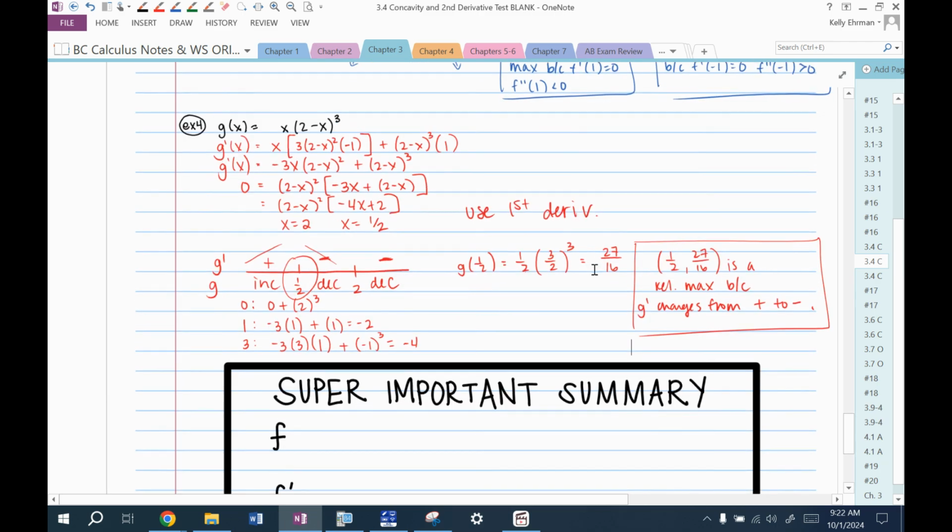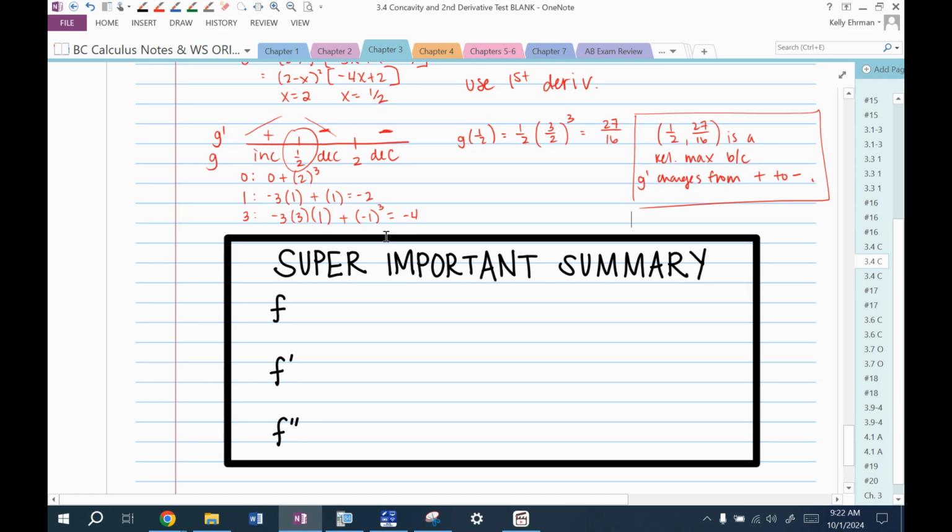Okay, so very important summary. We're going to be asked whether various kinds of functions are increasing or decreasing, so it's really important to have the relationship between these things down. If a second derivative is positive, what does that tell me? If a second derivative is positive, it means that the derivative before that was increasing. And if the derivative of something is increasing, that means that you have a concave up function.